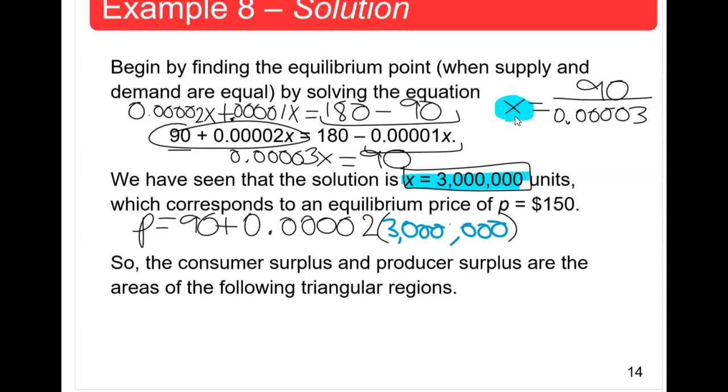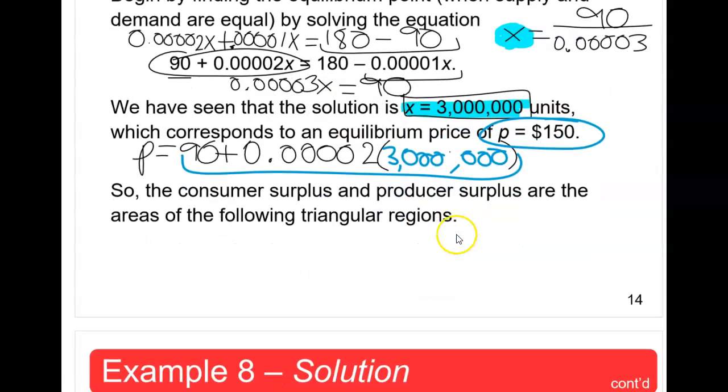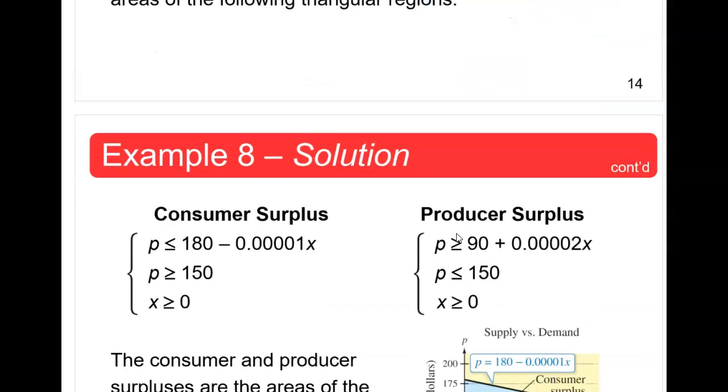And what we get after we simplify that will be $150. So at a price of $150, that's where we will have the equilibrium point for our supply and demand equations.